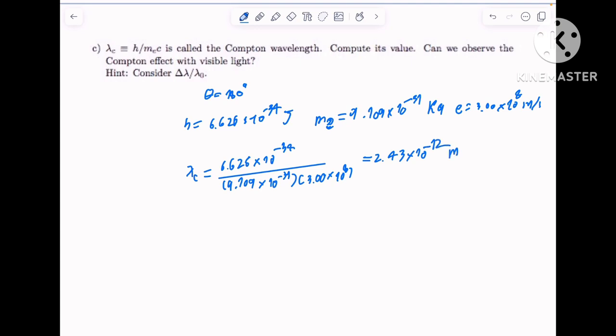This is the Compton wavelength. The wavelength of visible light is between 400 to 700 nanometers, or about 10 to the power of minus 7 meters. The Compton wavelength is much smaller than visible light, so we cannot observe the effect with visible light.